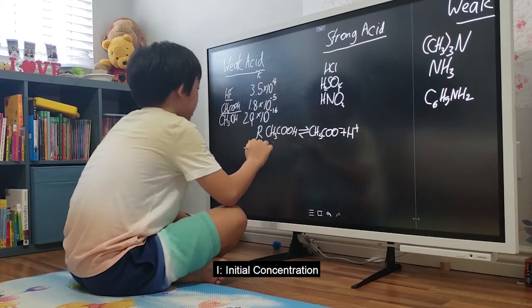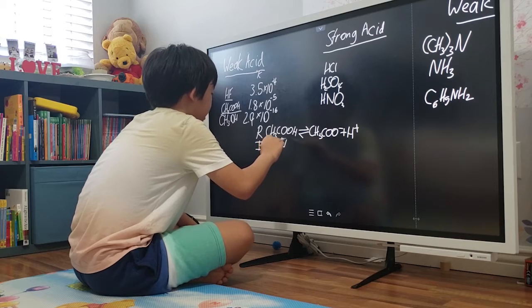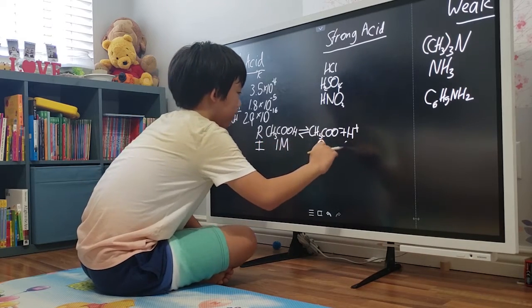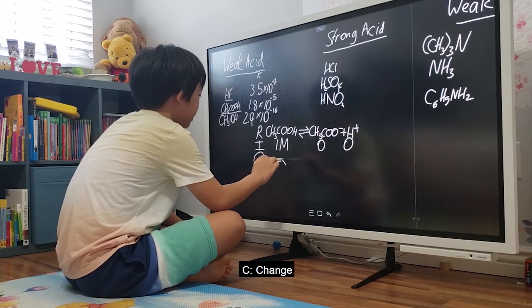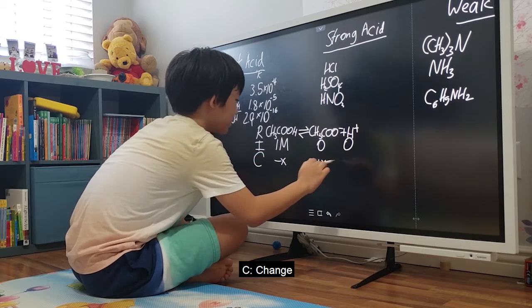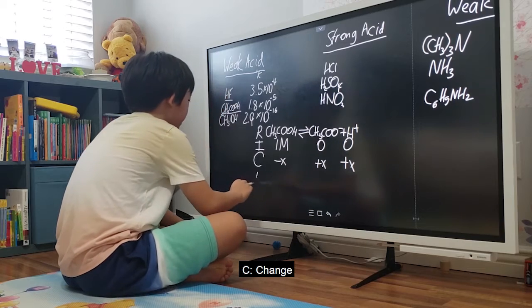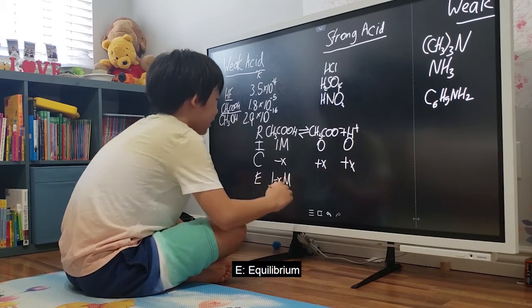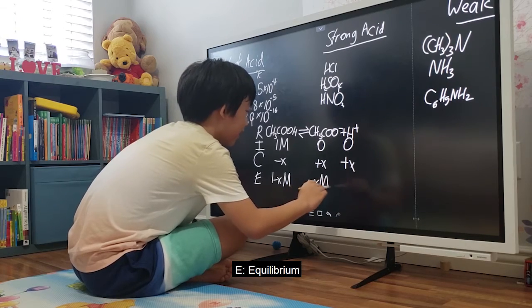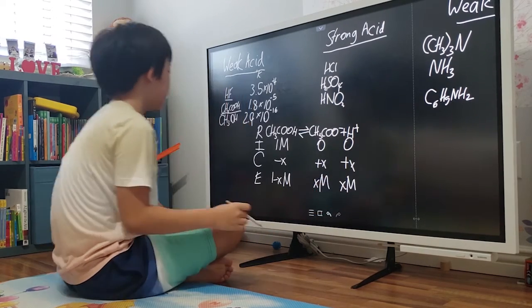I, the initial concentrations: let's make acetic acid 1 molar. We have 0 on both sides. The change, C, is minus x and plus x for both ions. E, equilibrium, is 1 minus x for acetic acid and simply x for both ions.